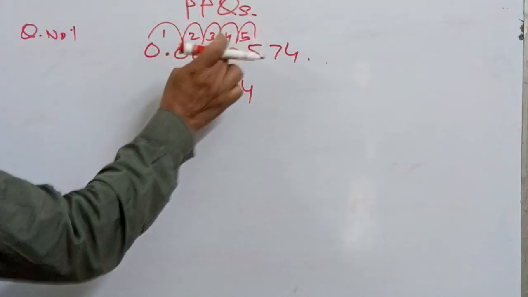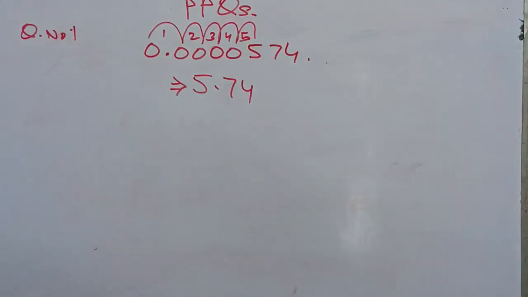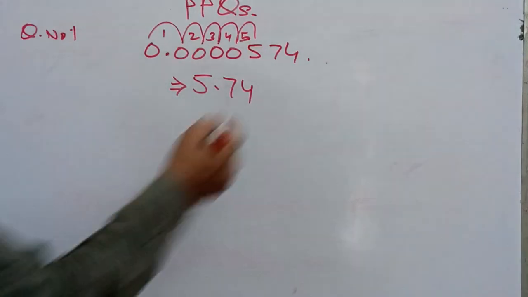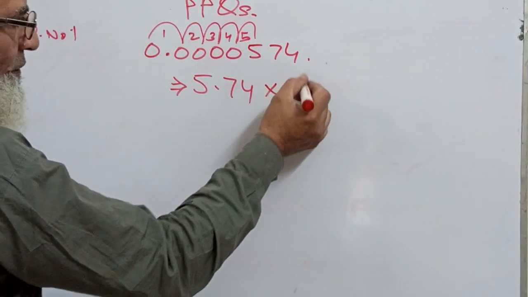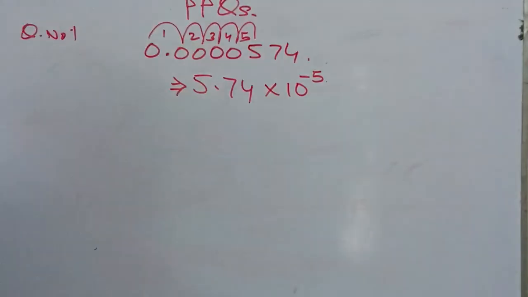1, 2, 3, 4, 5. So what will we do? 10 raised to power minus 5. So you see how easy this was.